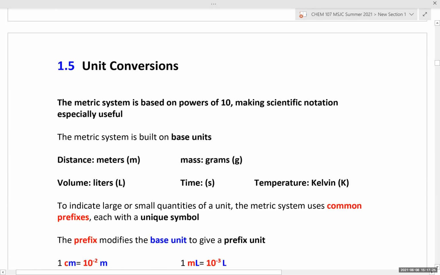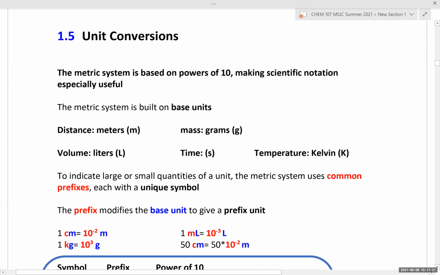So when we talk about units, it's important to be able to convert between units through the process of unit conversion. Now, this is where the metric system really shines. The metric system is based on powers of 10, making scientific notation especially useful.